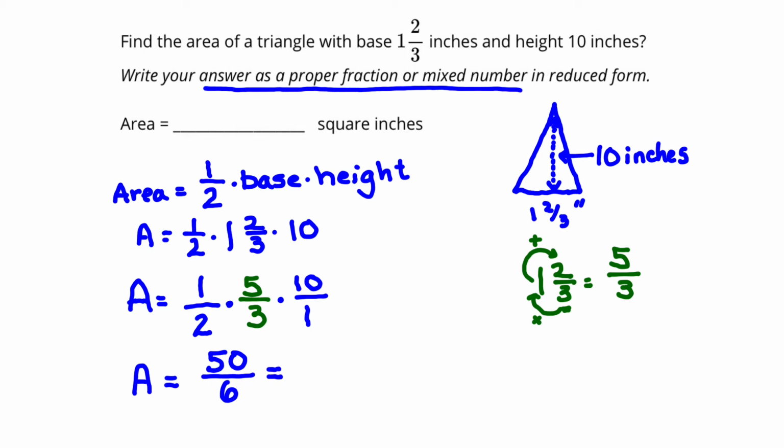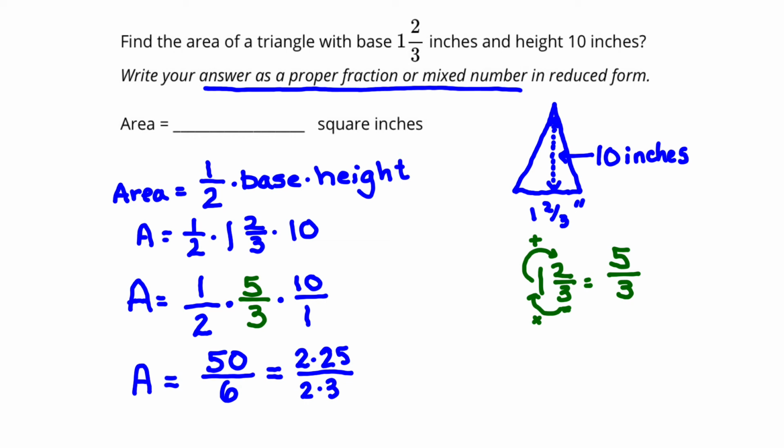Do you remember how to reduce fractions? To reduce a fraction, we want to look for a number that's common to the numerator and the denominator. Specifically, we want to look for a factor that's common to the numerator and denominator. Do you notice that both 50 and 6 are divisible by 2? In fact, let me write that out for us. 50 can be thought of as 2 times 25, and 6 can be thought of as 2 times 3.